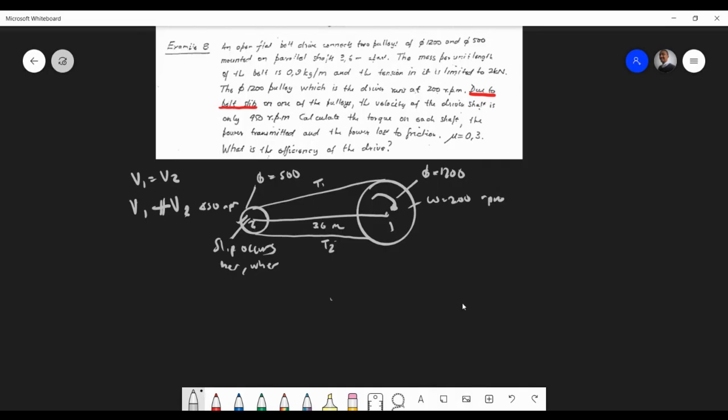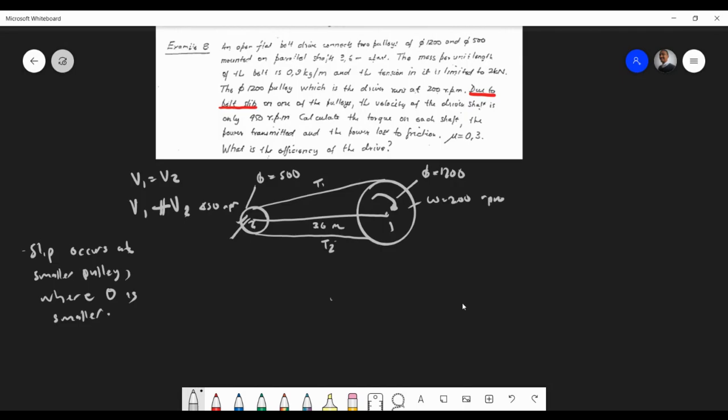Obviously, my handwriting is disastrous. Slip occurs at the smaller pulley, where the angle of lap is smaller. So I've got a question for you.